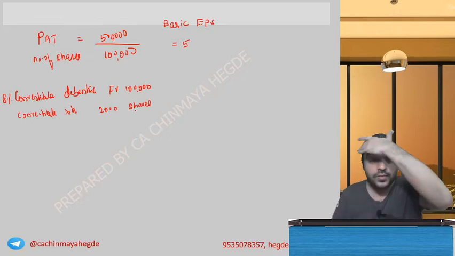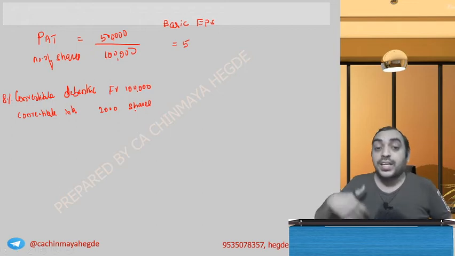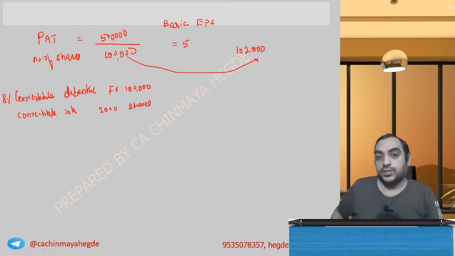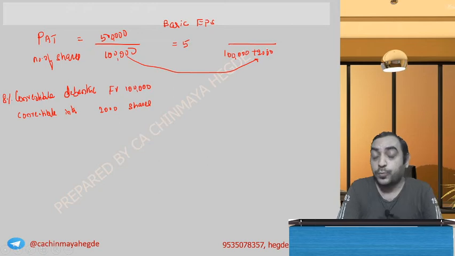Now, when these debentures become shareholders, what will happen to this 1 lakh? 1 lakh will become 1 lakh 2000. Correct? That will increase by the number of shares. 2000 will be increased by the potential shares when they become shareholders.